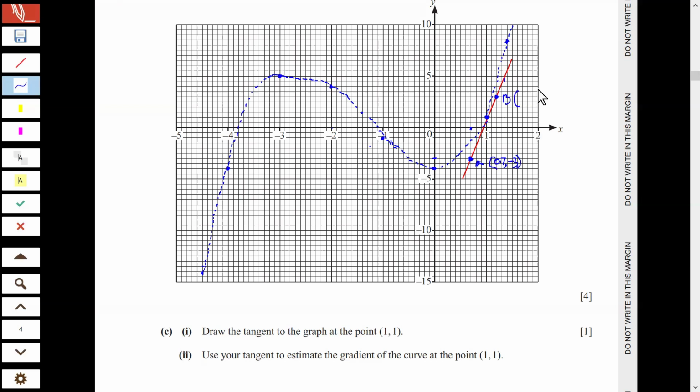So for the x and y value of B, I trace this down to the x-axis and across to the y-axis. Here on the x-axis, this is 1, 1.1, 1.2.